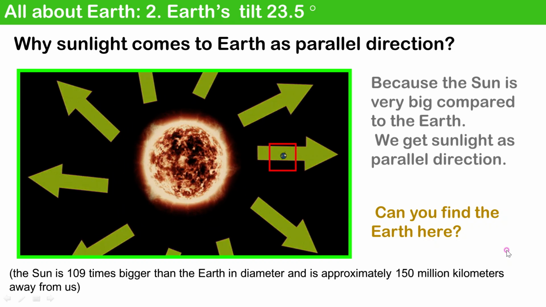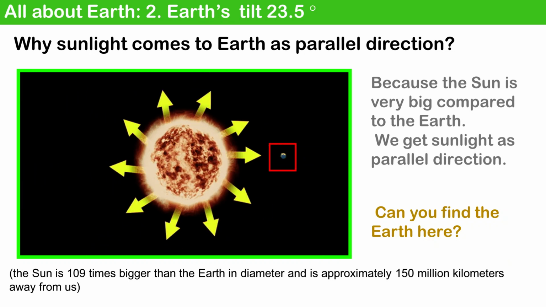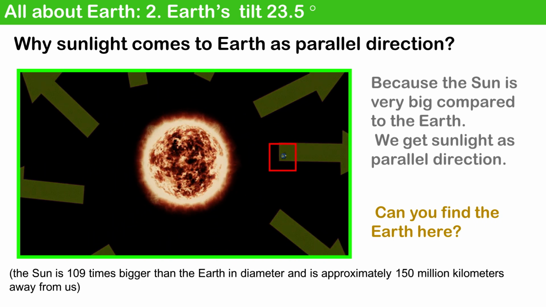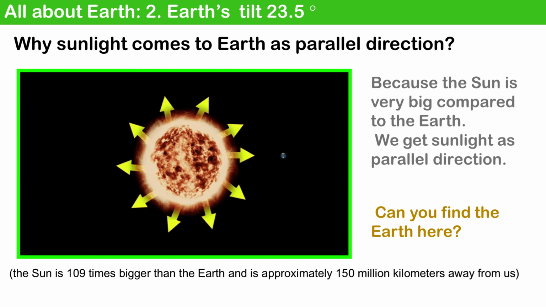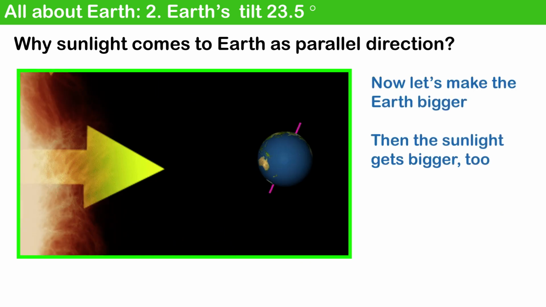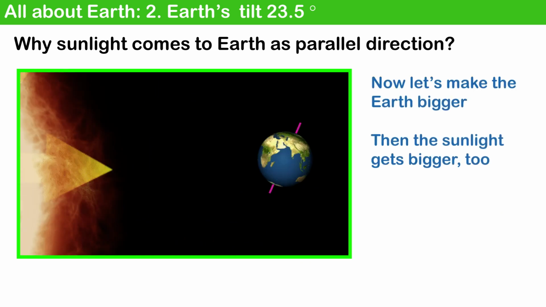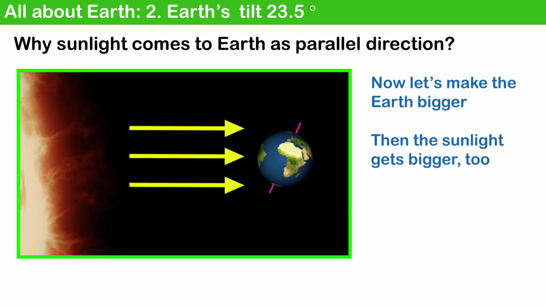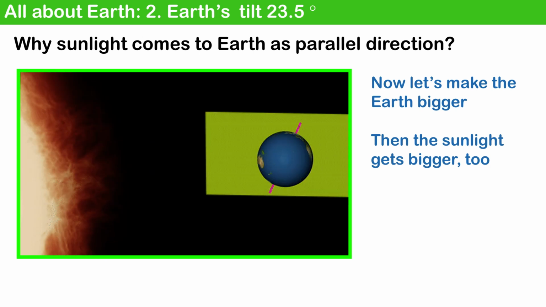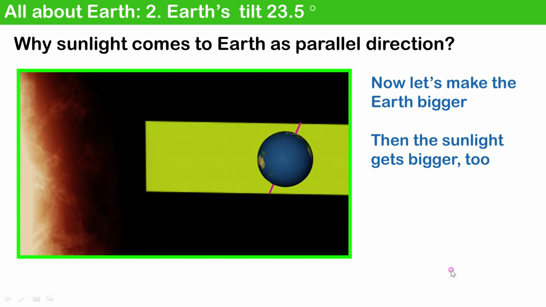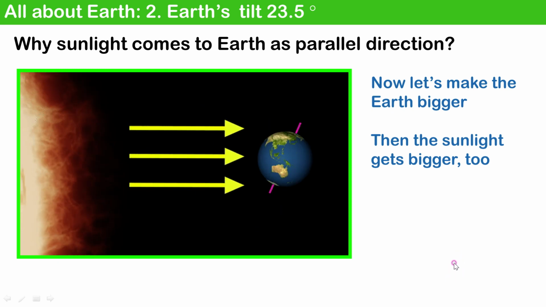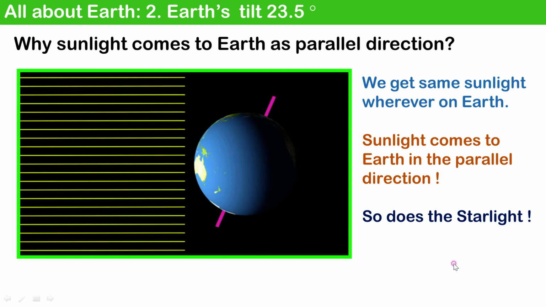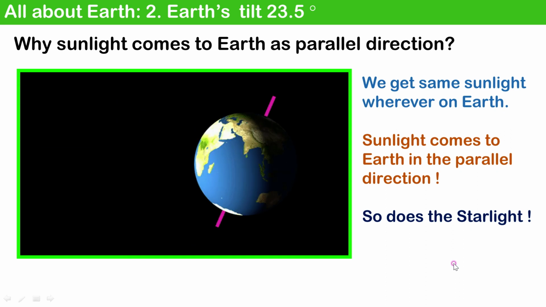As you see here, the sunlight radiates everywhere. Earth is very small compared to the sun. So here is Earth. Let's make the Earth bigger. Then we also need to make the sunlight bigger, like this animation. The sunlight comes to the Earth in a parallel direction.